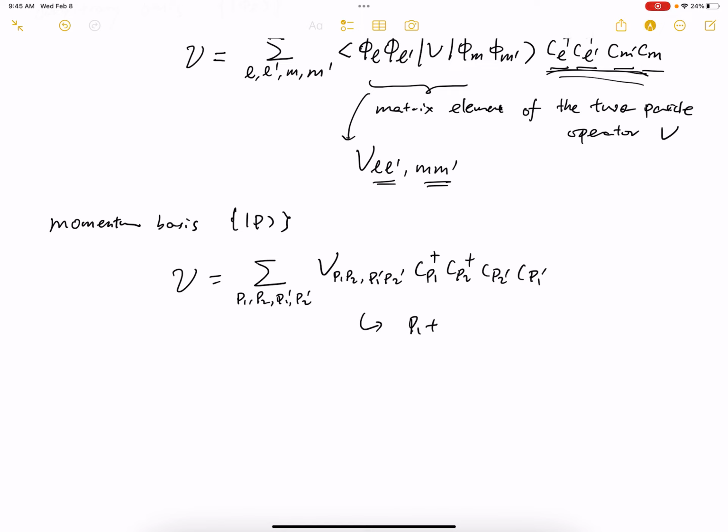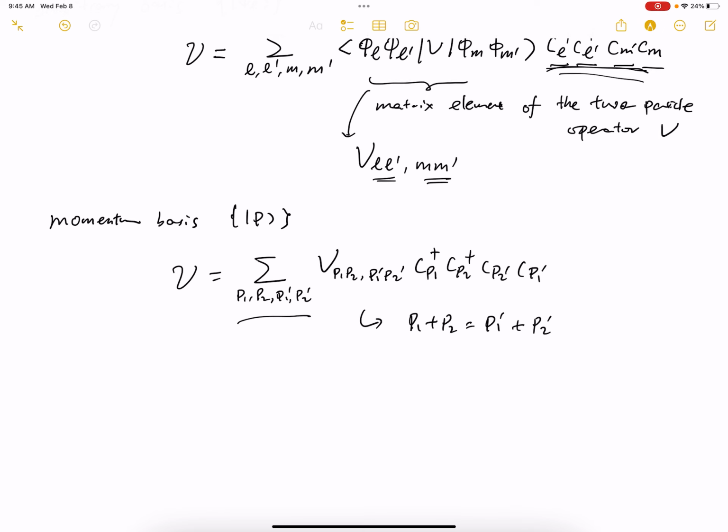That means P1 plus P2 is equal to P1 prime plus P2 prime. This makes intuitive sense because I'm removing two particles with momenta P1 prime and P2 prime and then creating particles with P1 and P2, so the sum has to be equal. That's the total momentum of these two particles. That means instead of doing a quadruple sum, I just need to do a triple sum. I'm only summing over three independent momenta. That's a result of momentum conservation.